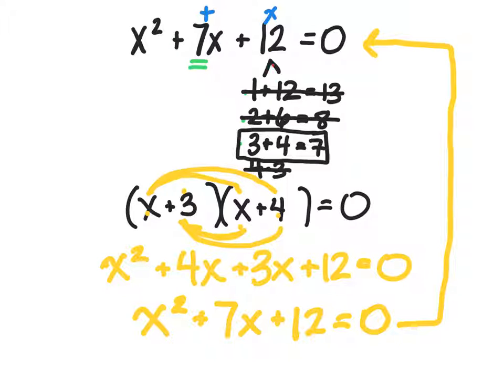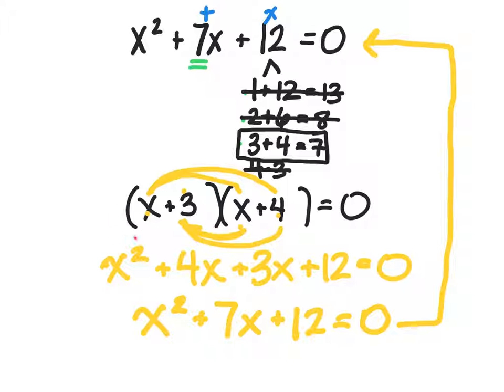So we made our C tree, we came up with our list of factors, and then we needed to figure out what multiplied to 12 and added to 7. So I looked through each one of my factor sets to figure out which one added to positive 7. When I figured out that that was 3 and 4, I could then plug this into my factored form to say x plus 3, x plus 4 equals 0.